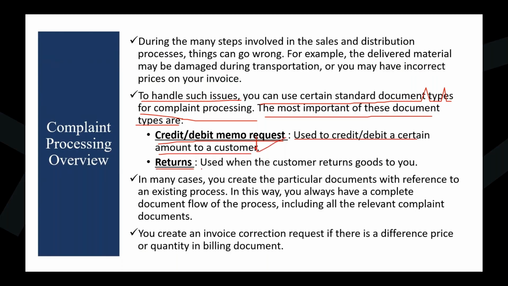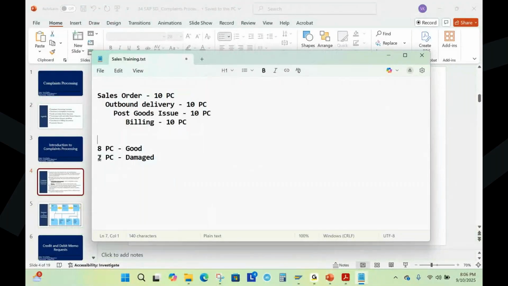And returns are used when the customer returns the goods to you. So sometimes, in this scenario with two damaged, you just reduce the amount. But sometimes, let's say all the 10 pieces got damaged. In that case, the customer says, I am returning all your 10, the total quantity.